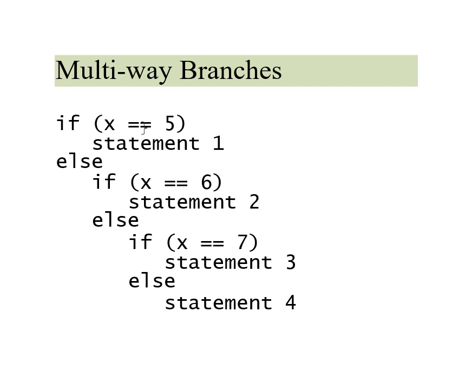All right, now we can also use nested if statements to do multi-way branches. So here's an example. I want to do either statement 1, statement 2, statement 3, or statement 4, depending upon the value of x. So this is what's going to happen. If x is 5, you do statement 1, and then you're done with the whole statement, right? But if x is not 5, then you're going to do the else part.